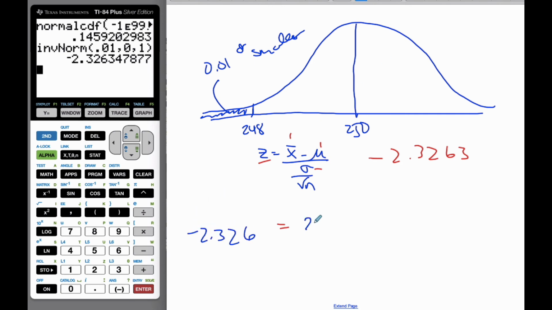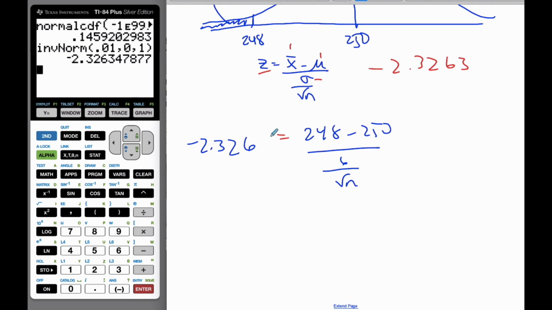So now once I have that, I set negative 2.326 equal to 248 minus 250 over 6 over the square root of n. I'll use an equal sign because I'll figure out the less than or greater than at the end.